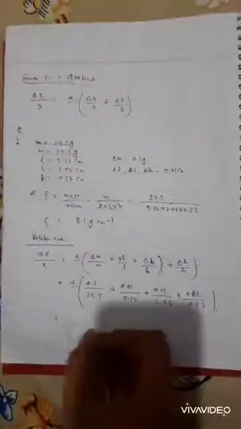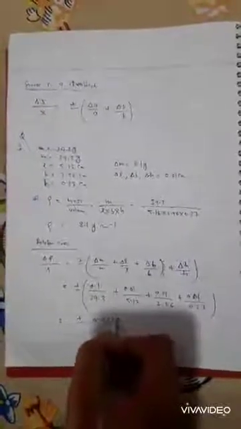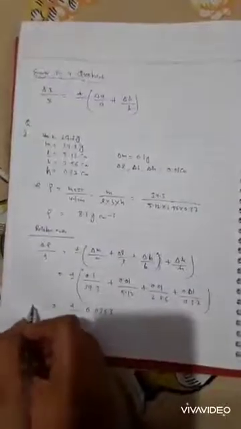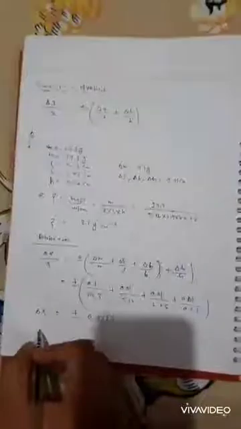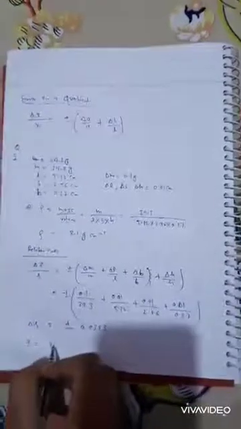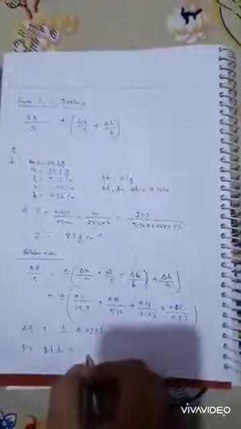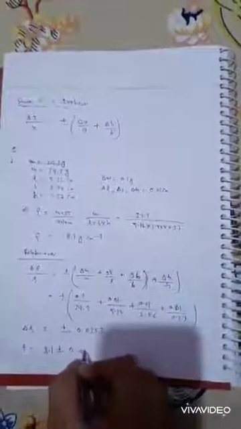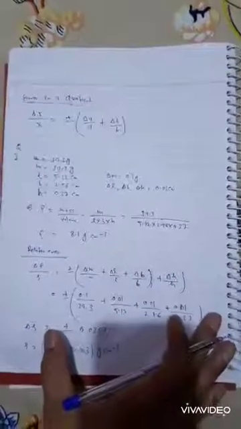So after calculating all this, we have 0.0353. That is our relative error. So the final answer we are having 8.1 plus minus 0.03 gram per centimeter cube. I hope I am clear with this topic. Thank you.